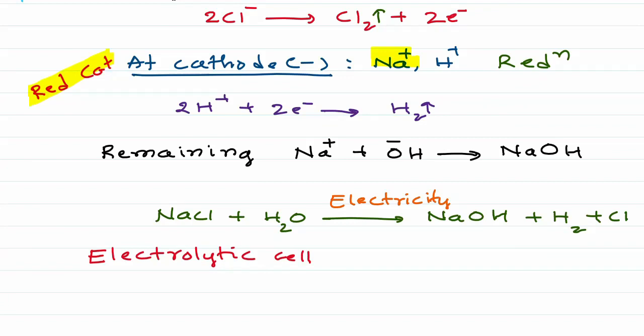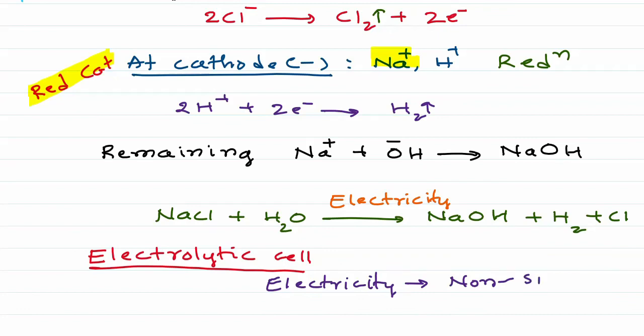An electrolytic cell is a device in which electrical energy or electricity is used to bring about a non-spontaneous redox reaction.